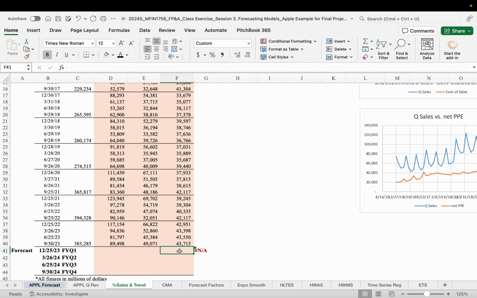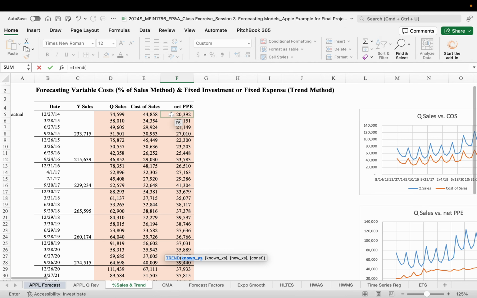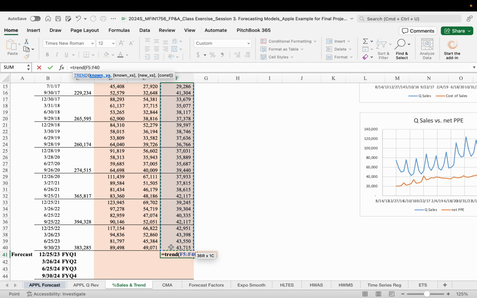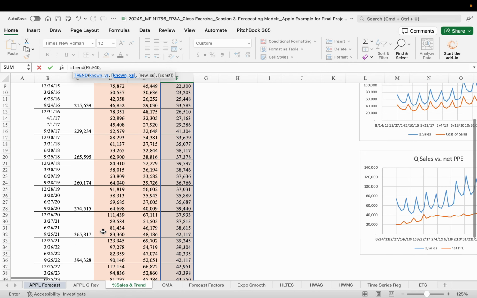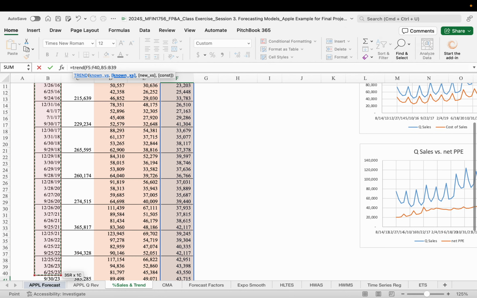So here, how do we calculate the trend? Now, TREND, open the parentheses. Always the known y's are the objective first. And then x-axis is the time series.